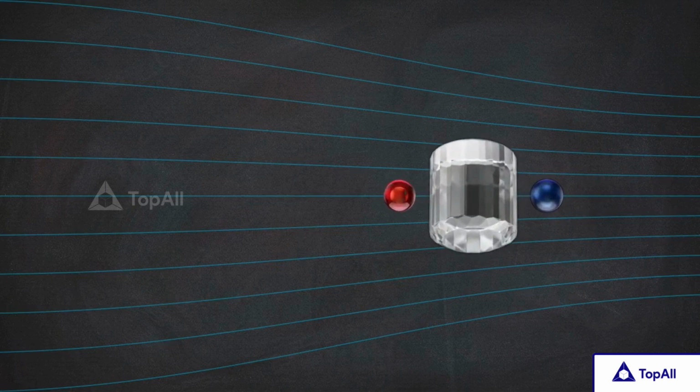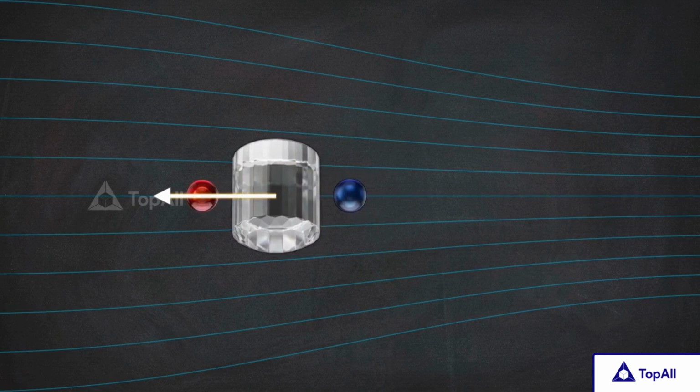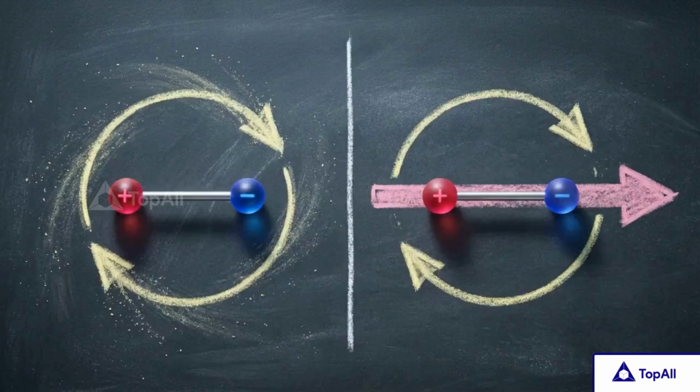This creates a net force that drags the entire dipole into the stronger field. If we flip the dipole 180 degrees, the negative charge moves into the stronger region. Now the net force reverses, pushing the dipole toward the weaker field. This is the core distinction. A non-uniform field unlocks translational motion, meaning a dipole will experience both an aligning torque and a directional pull.